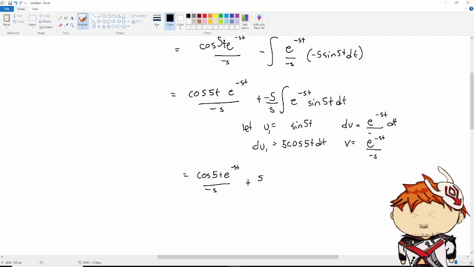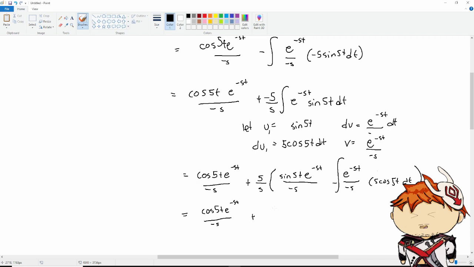So negative 5 over s, parentheses, sine 5t e to the negative st over negative s, minus the integral of v du, e to the negative st over negative s times 5 cosine 5t. Now, we're having a bit of a problem here. Notice we have cosine 5t e to the negative st over negative s.